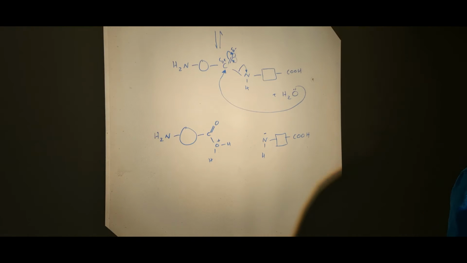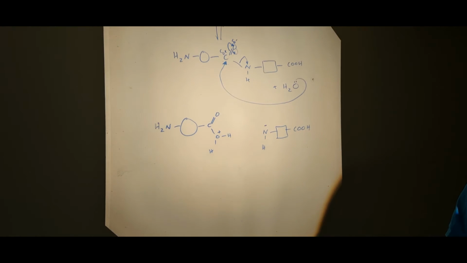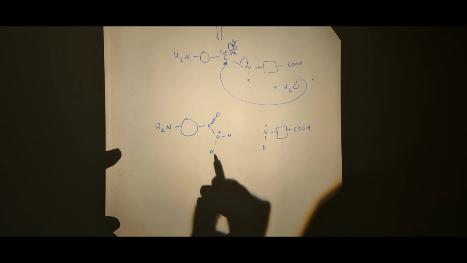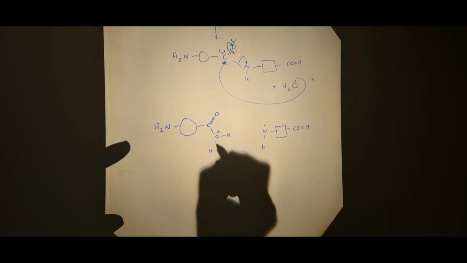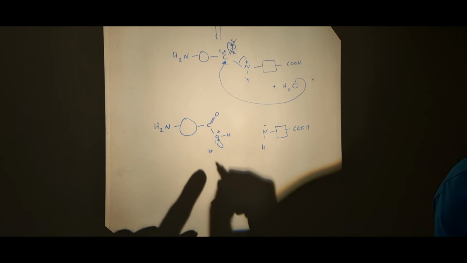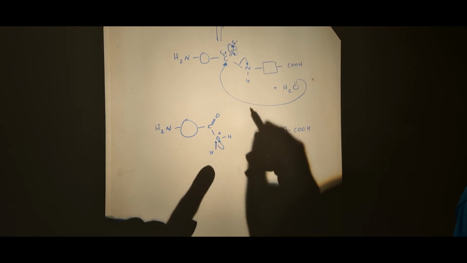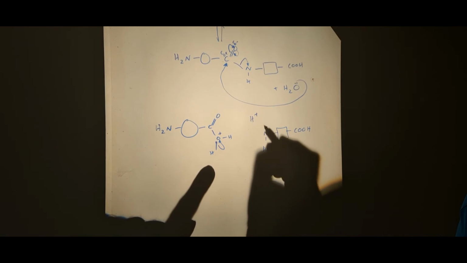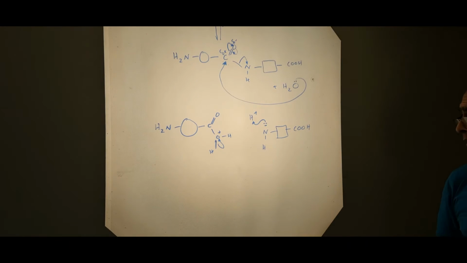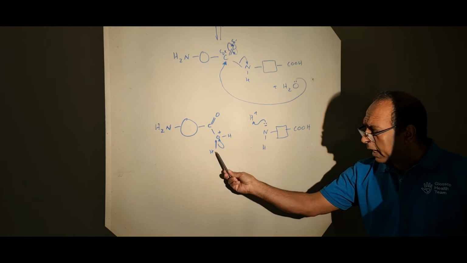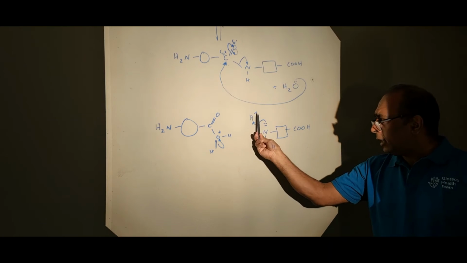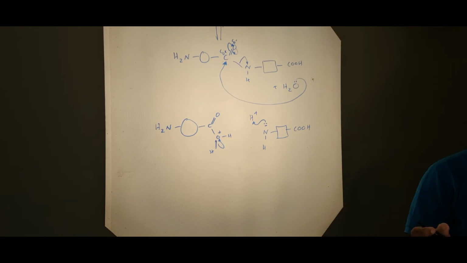Well, what will happen as a consequence next is that this side will lose the proton, like that, and the H plus breaks off, and that pair of electrons there will pick up that H plus onto there, which regenerates for you the two amino acids you started with.